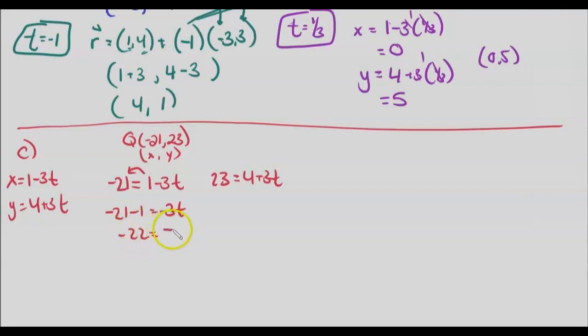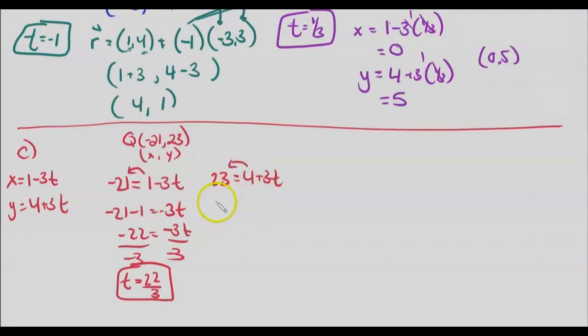So negative 22 equals negative 3t. And divide both sides by negative 3. We get t equals negative 22, or 22 over 3. Okay, so when we come over here, we have to say, okay, was the same parameter subbed into the y, or the parametric equation for y, in order to get 23?